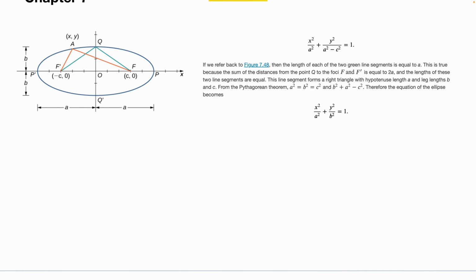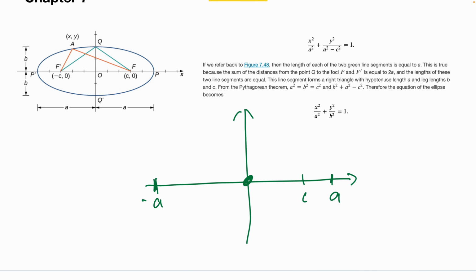Let's review. X-axis, y-axis. We've assumed that we're going to take a center at the origin. Move away a. That's going to give you the vertices. Move away c, smaller than a. Take b. b is smaller than a.